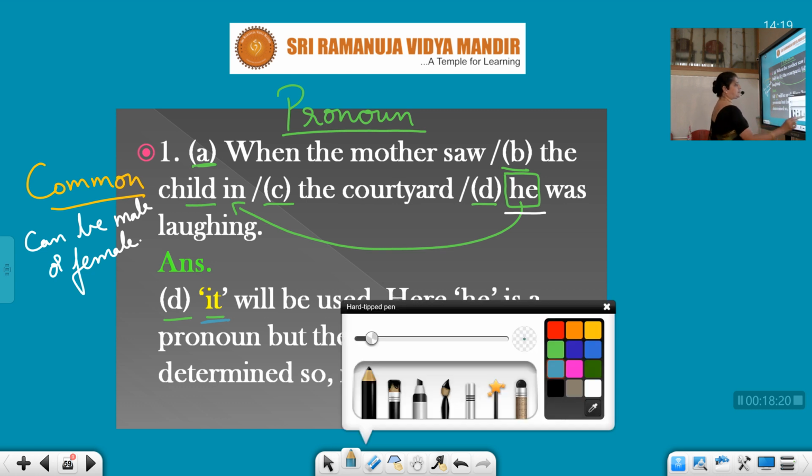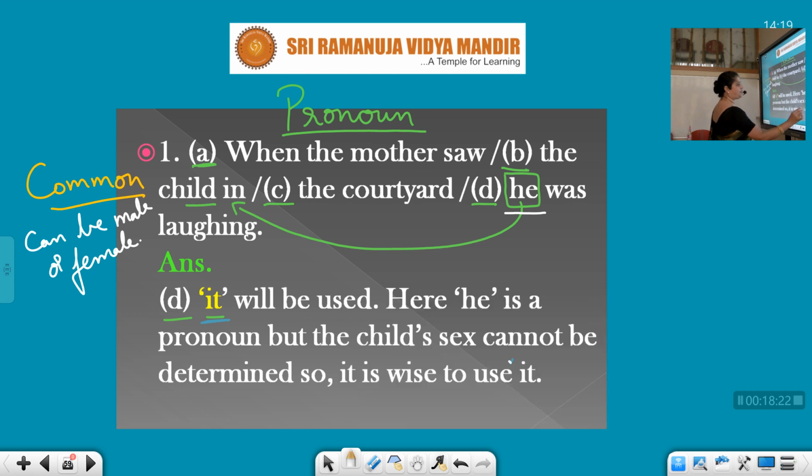It is clever to use it. Because the sex cannot be determined. Sex means a male or a female. Is it a male or is it a female? So, because you can't determine which gender it is, because it's a common gender, you have to use it. So this is the answer for the first one.